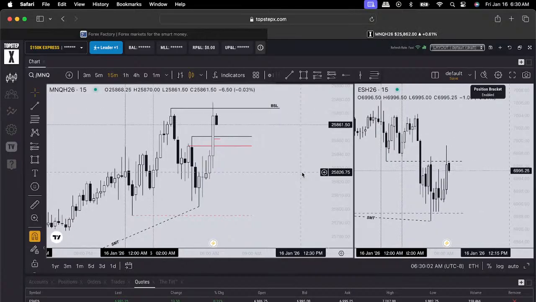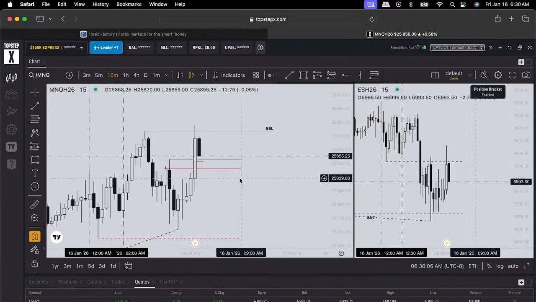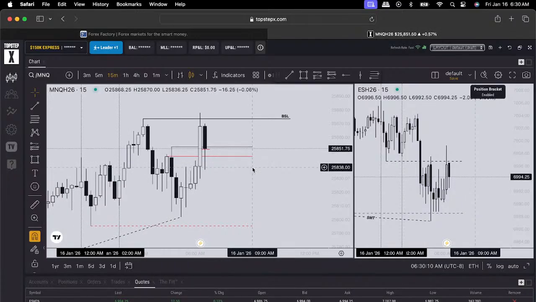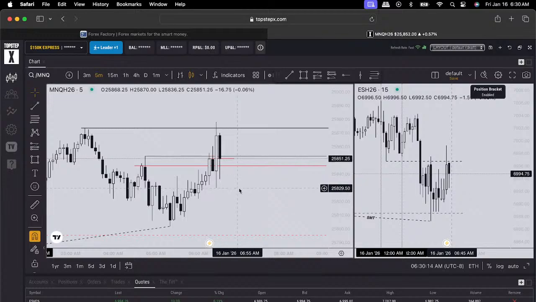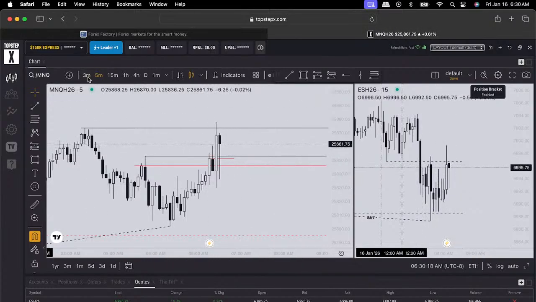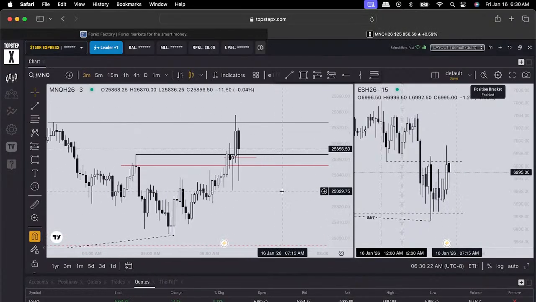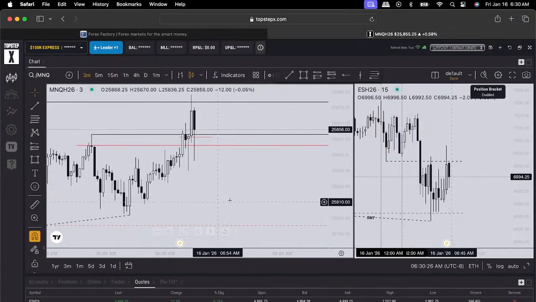Alright, market opens. Let's see. Yo, go down. I really want price to drive down so I can get a better fill on this kind of entry.